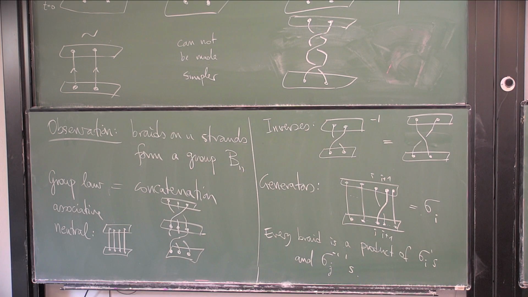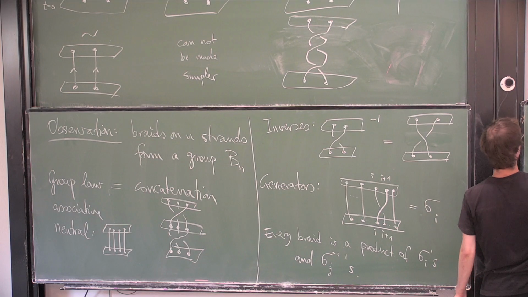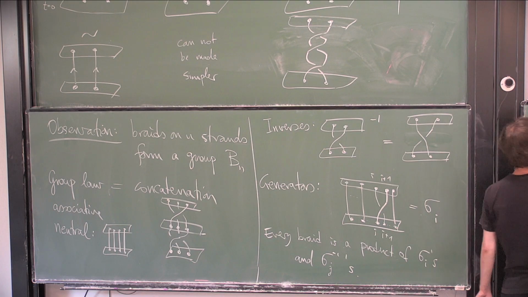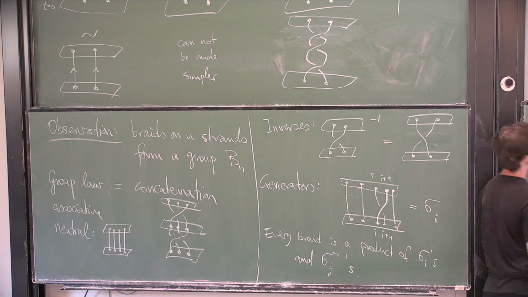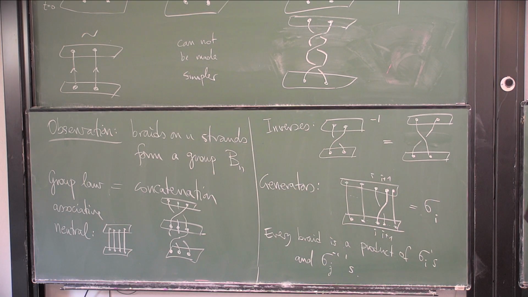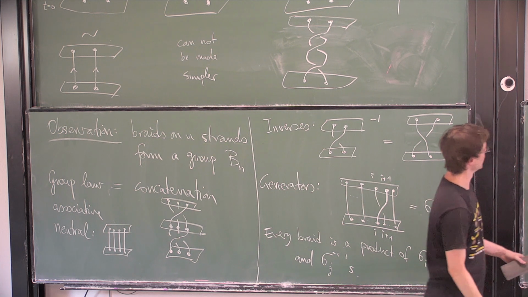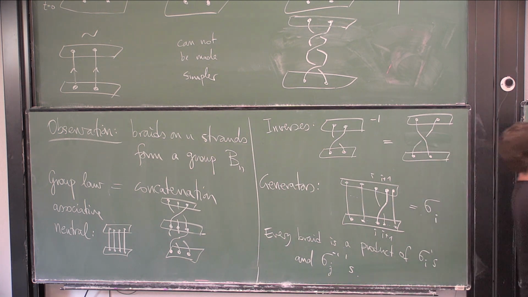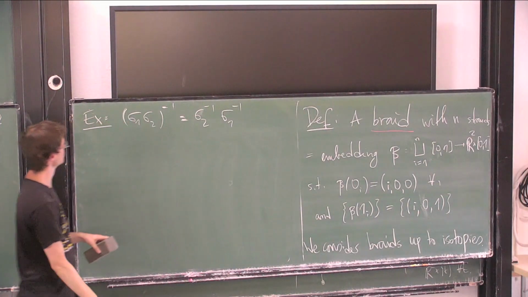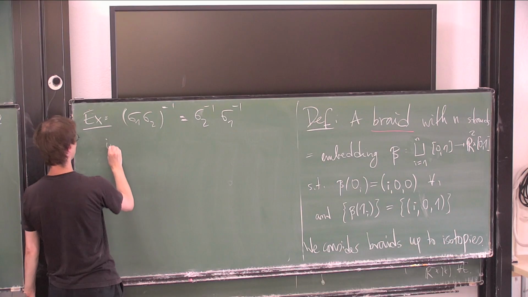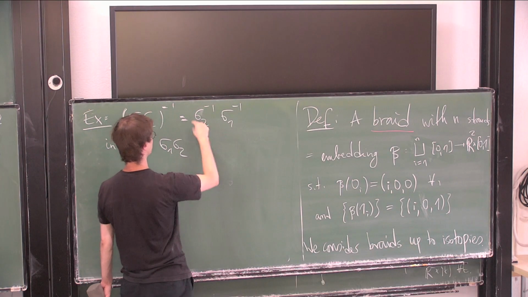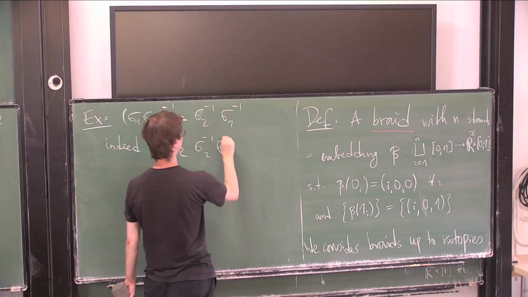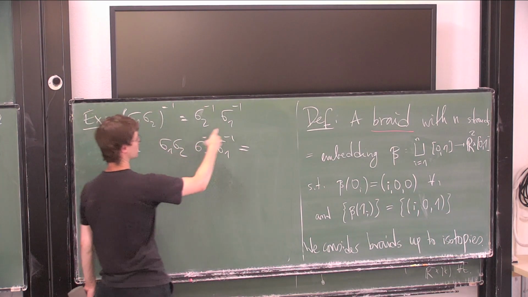For example, if I have sigma 1, sigma 2, sigma 1 inverse, as often in a group, you should first reverse them, so it's sigma 2 inverse, sigma 1 inverse. Because indeed, if I do sigma 1, sigma 2 and I compose with sigma 2 inverse, sigma 1 inverse, then of course things simplify.